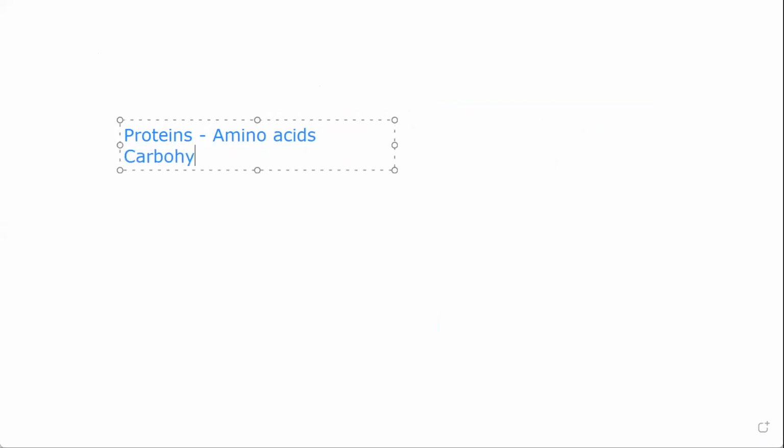Carbohydrates, for example starch, give glucose, and there are many, but we all consider glucose.